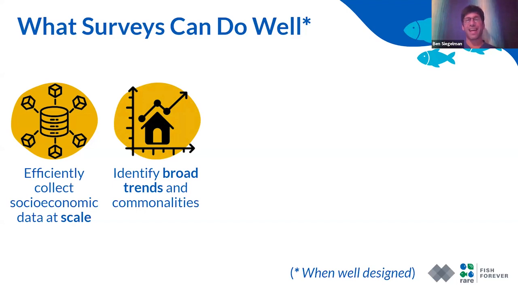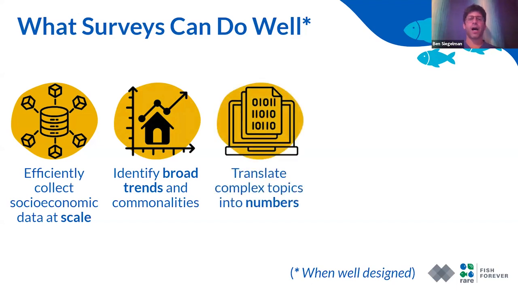One of the ways they help with identifying those trends is by translating really complicated things into numbers. So in a survey, you can ask about perceptions, values, beliefs, knowledge, opinions, all sorts of things like that, daily activities.